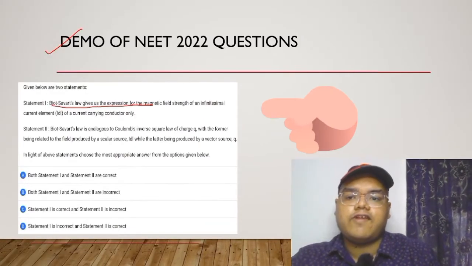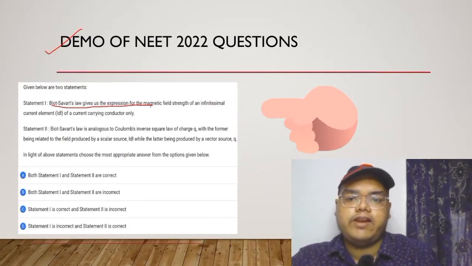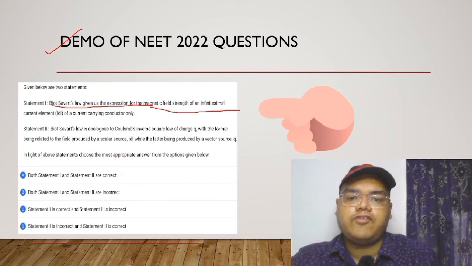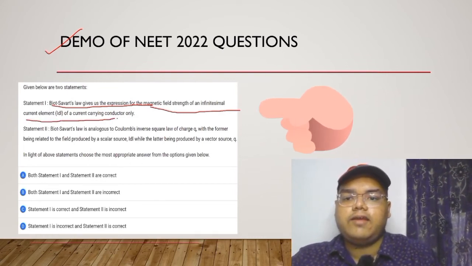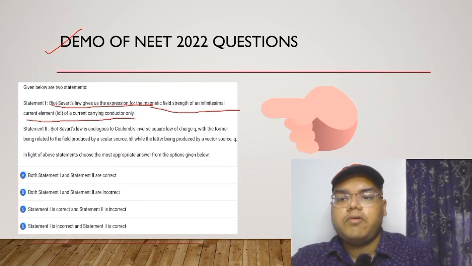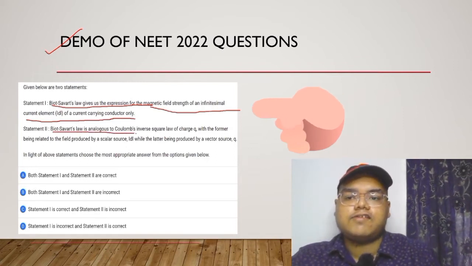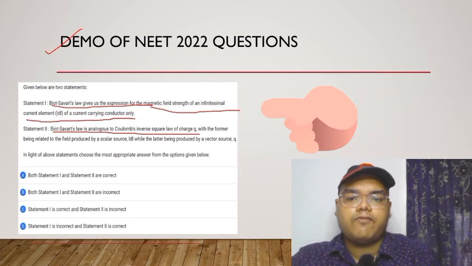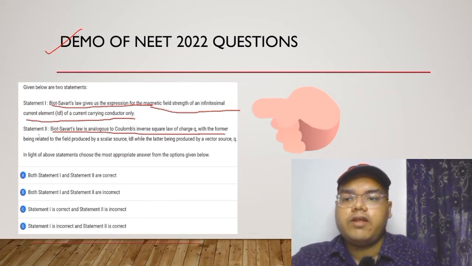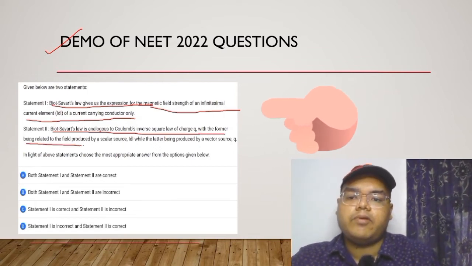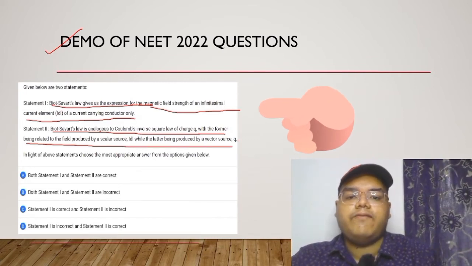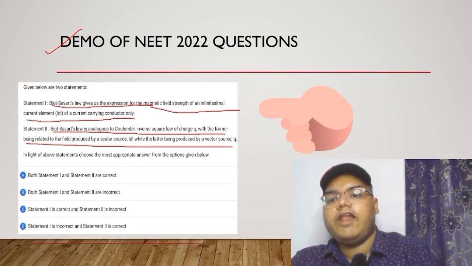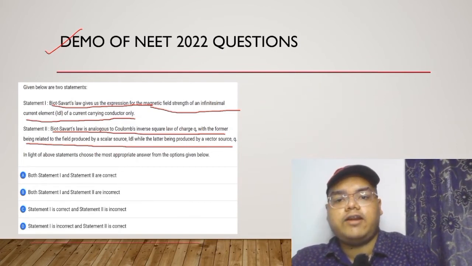Statement 1: Biot-Savart law gives us the expression for the magnetic field strength of an infinitesimal current element Idl for a current carrying conductor only. Statement 2: Biot-Savart law is analogous to Coulomb's inverse square law of charge q, with the former being related to the field produced by scalar source Idl, while latter being produced by a vector source q. So we will have to tell whether these two are correct or incorrect.